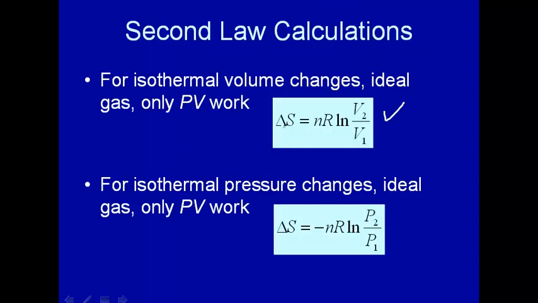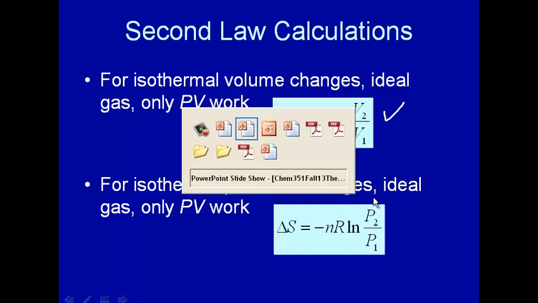And then if we make the same kinds of assumptions, we can just immediately change this into a pressure change. Because we know for an ideal gas at constant temperature, V2 over V1 is equal to P1 over P2. For an ideal gas, this is Boyle's law essentially.